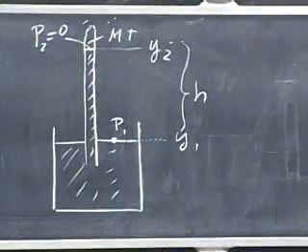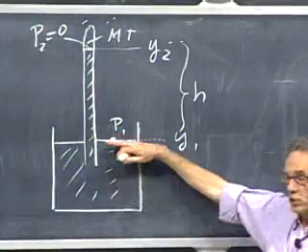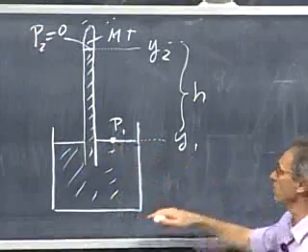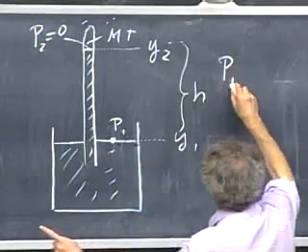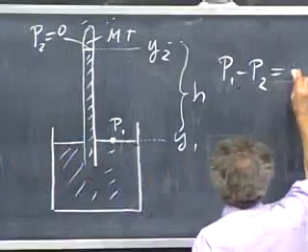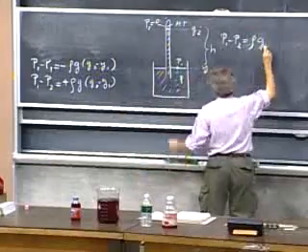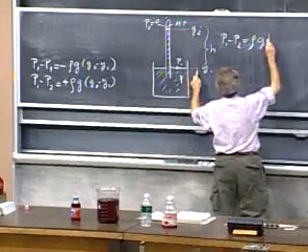And so now what is the pressure here at P1, which of course is the barometric pressure? It's just exposed to the atmosphere. Well, P1 minus P2 equals rho of the liquid times g times Y2 minus Y1, which is h.